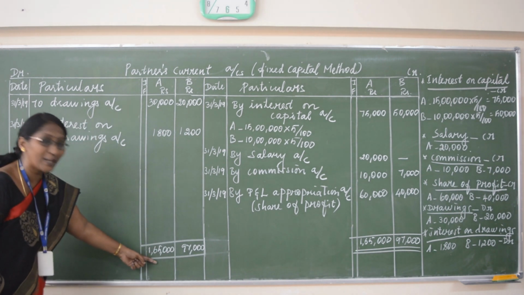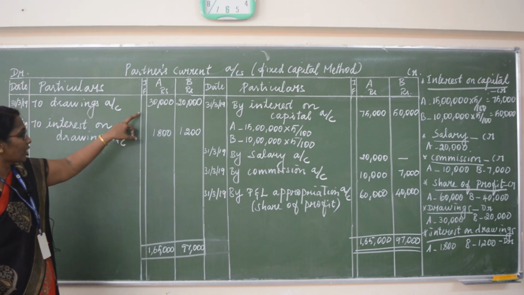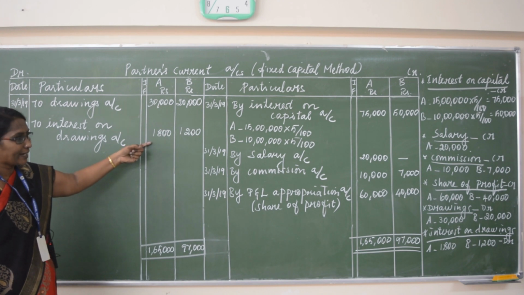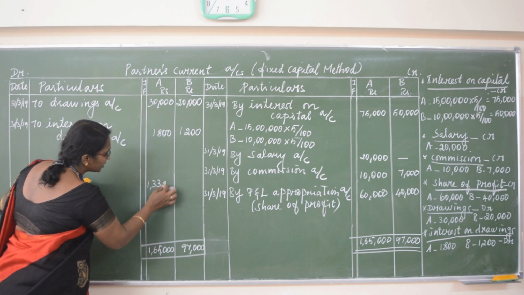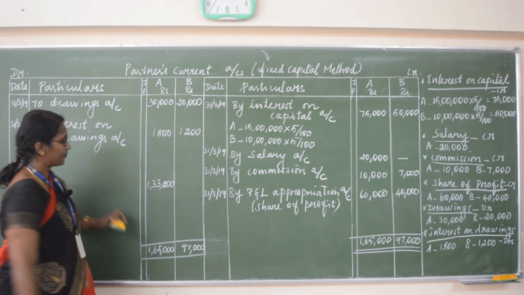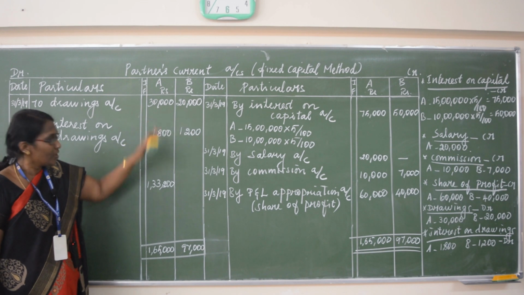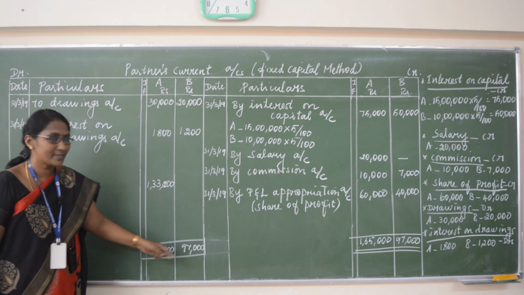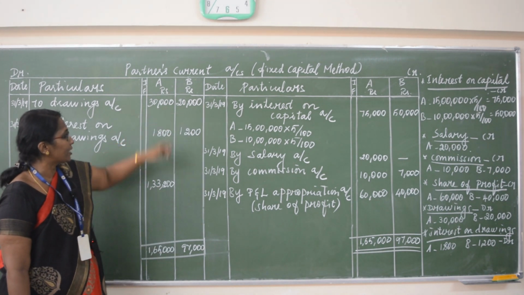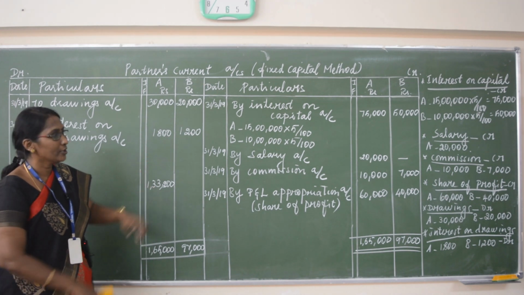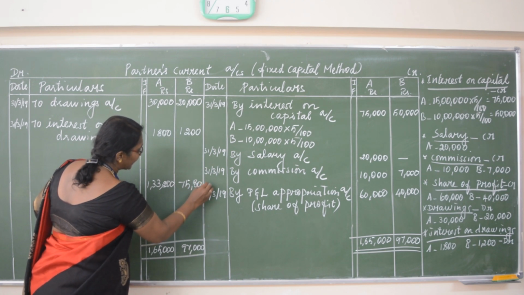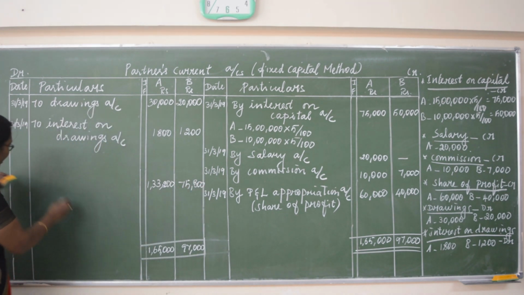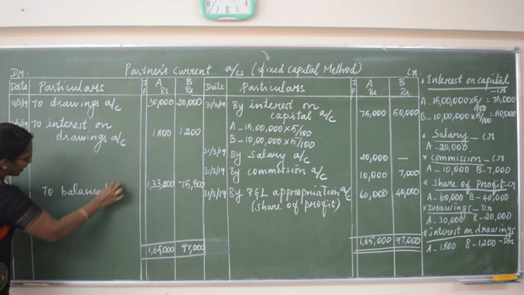So 1,65,000 minus 30,000 minus 1,800, we will get balance of 1,33,200 for A. For B, 97,000 minus 20,000 and 1,200, we will get the balance of 75,800. So this should be written here as to balance carry down.